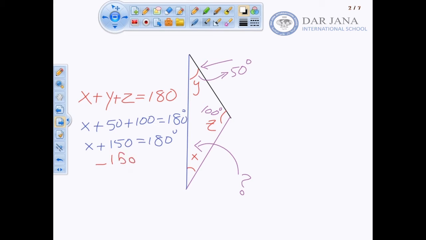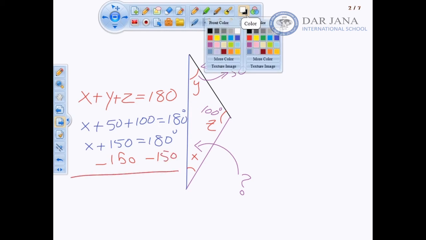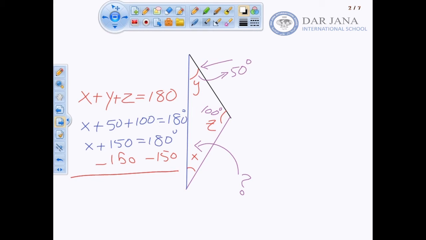If I take away 150 on this side and I take away 150 on this side, look what I have left, folks. X equals 30. That's my answer. All right, this is very simple.